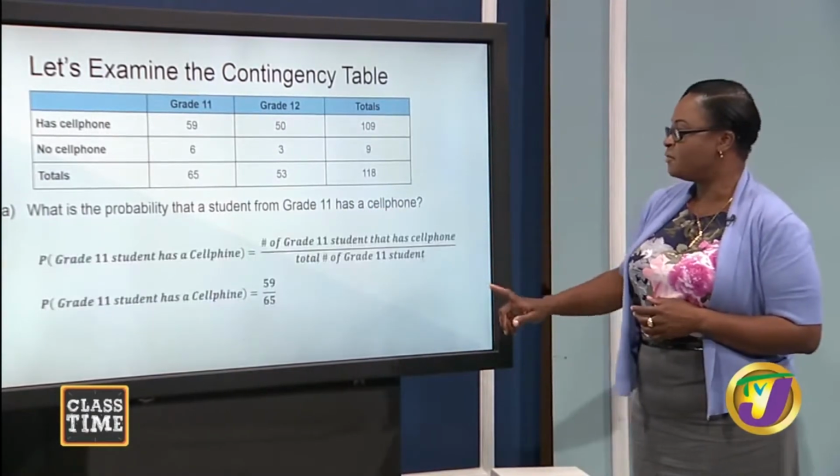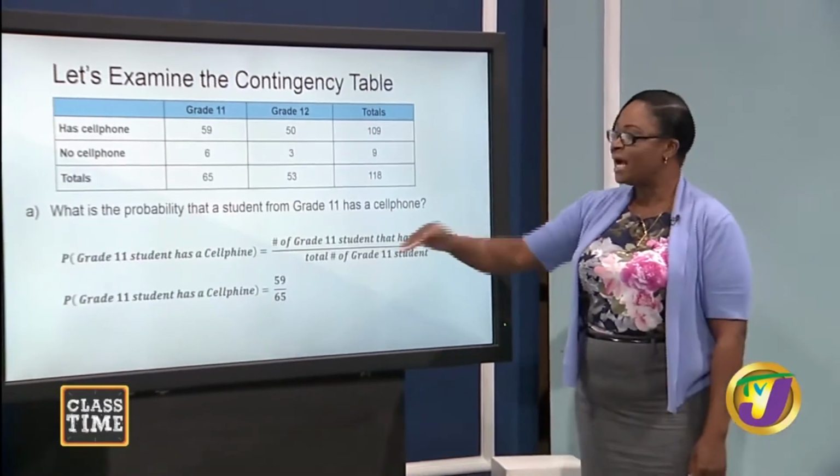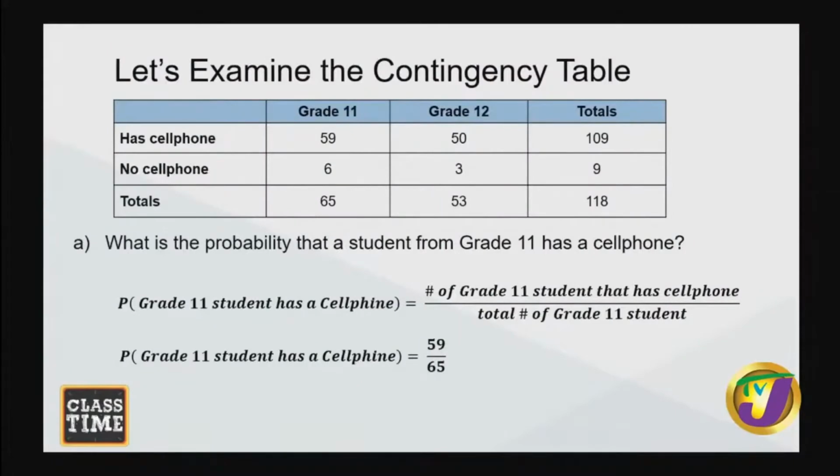And so we have to identify the number of grade 11 students that have a cell phone, which would be 59 of them with cell phone. And we have to understand and know the total number of students that are in grade 11. And so, based on what we have here, the probability of a grade 11 student having a cell phone is 59 out of 65.